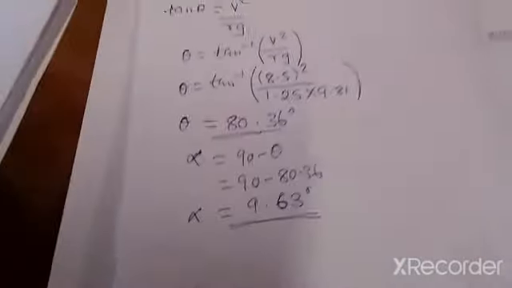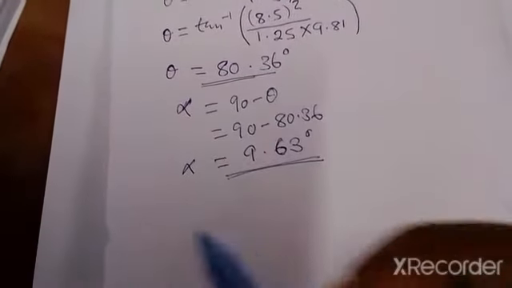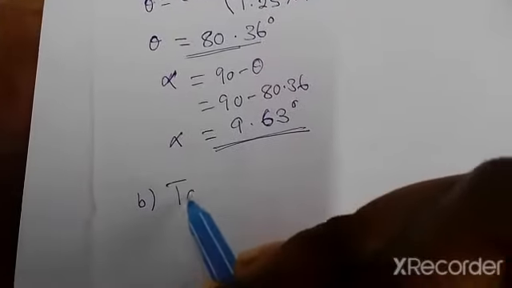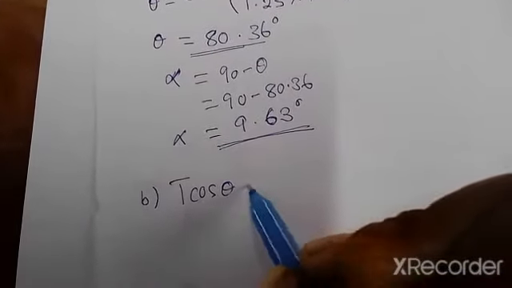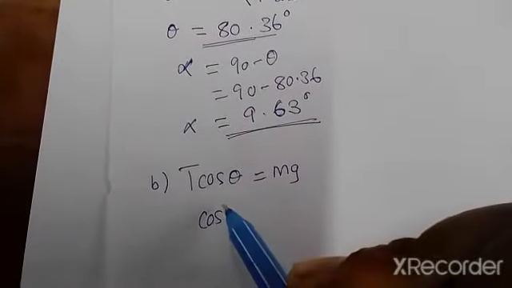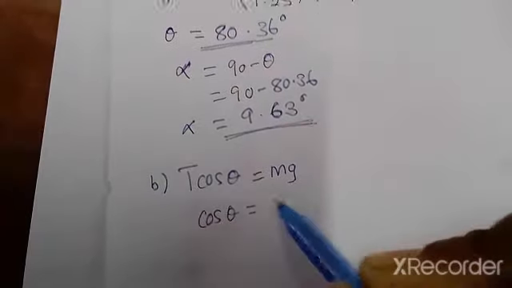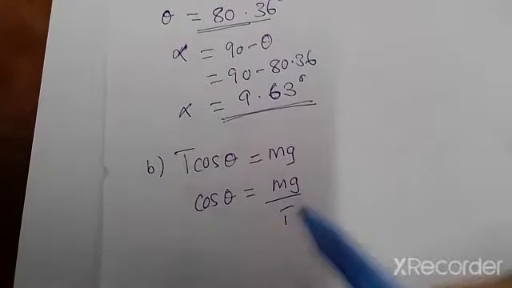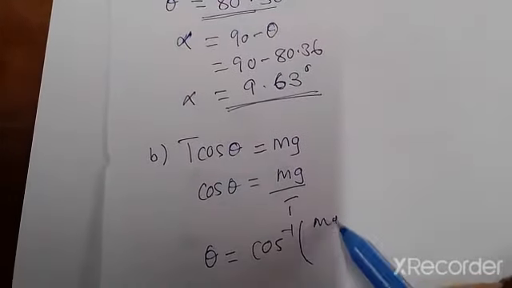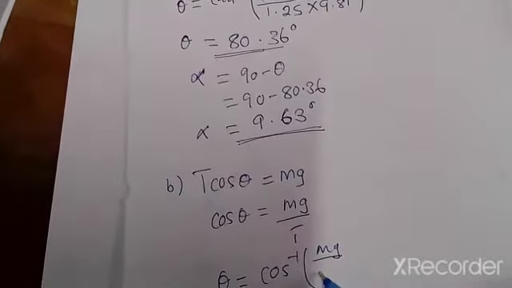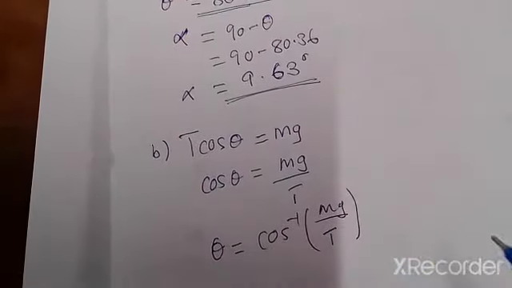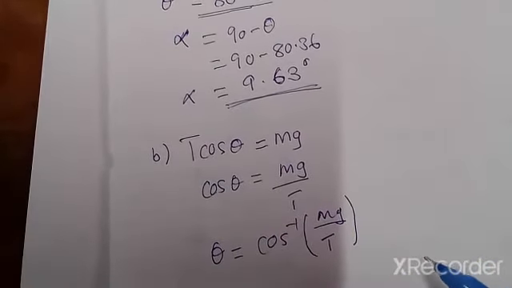In a similar way that we found the tension in the previous question, we can use the fact that tension cos theta is equal to the weight of the object, and then cos theta is equal to the weight divided by the tension, and theta will be equal to cos inverse of the weight divided by the tension. That's if we're looking for the tension, but in this case we are looking for theta.